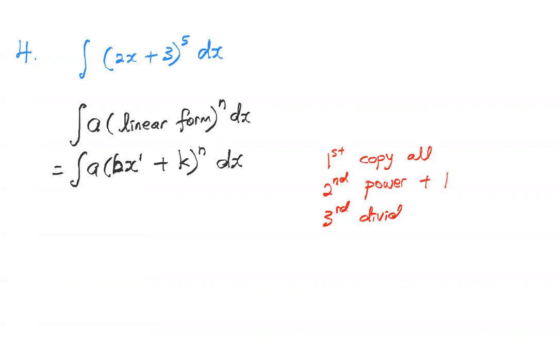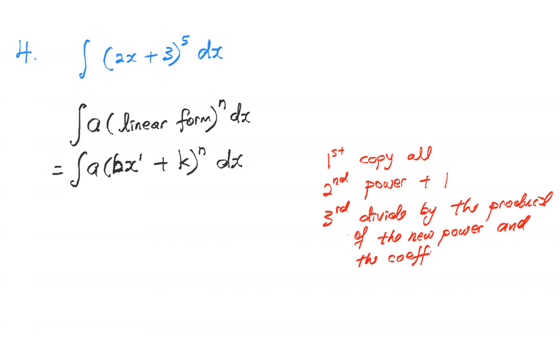Divide by the product of the new power and the coefficient of x. Coefficient of x means the good friend of x. Okay, so you follow whatever I say there, then you try to come up with the formula by yourself.